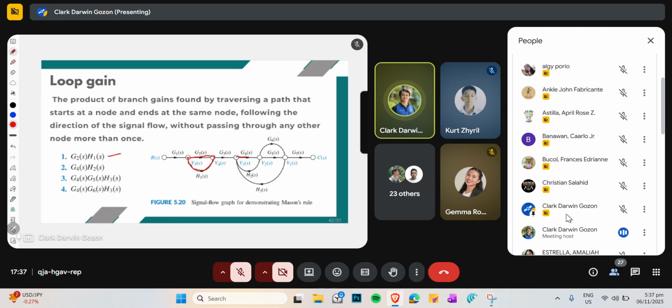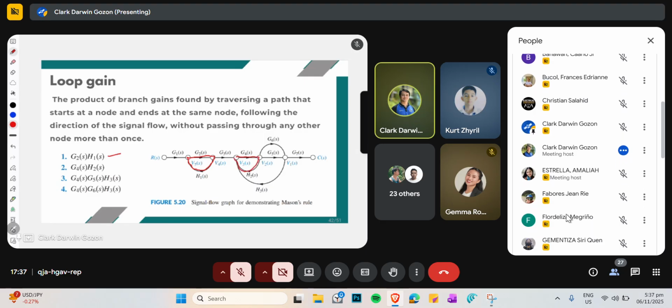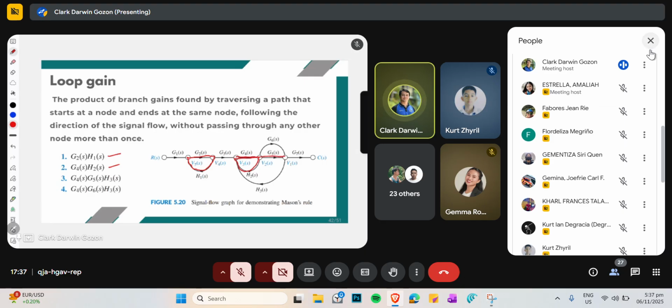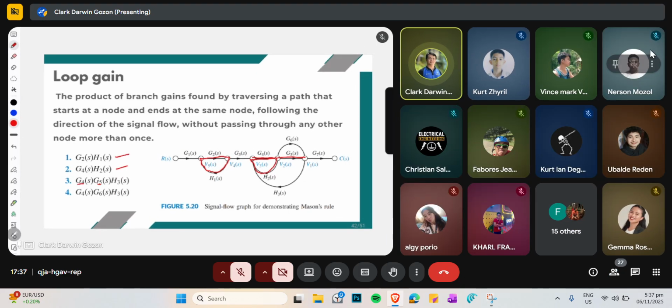Another here is G4, nibalik siya, H2. Then we have G4, G5, nibalik, H3. Then we have another, G4, G6, H3.